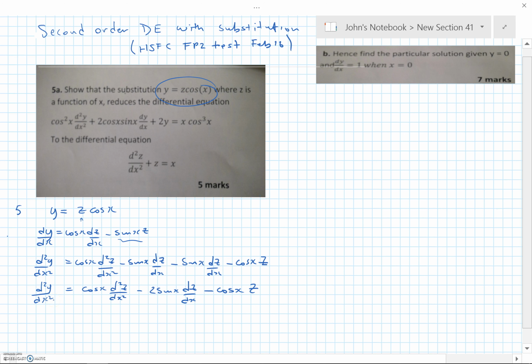Okay, so now I'm asked to go from here to here somehow. So I really need to write this line out to show that I'm going to get from there to there using the expressions that I've just got.